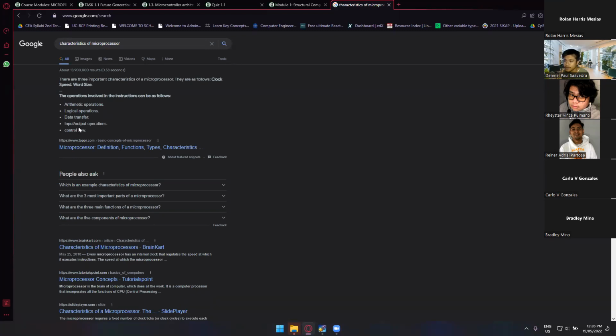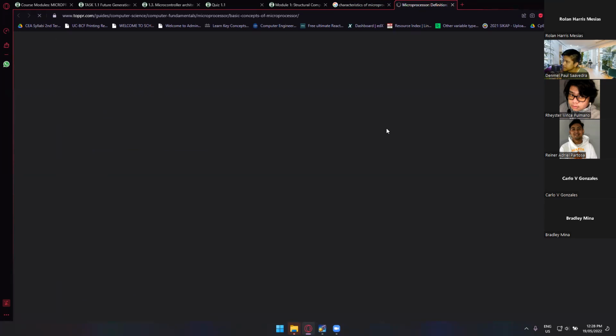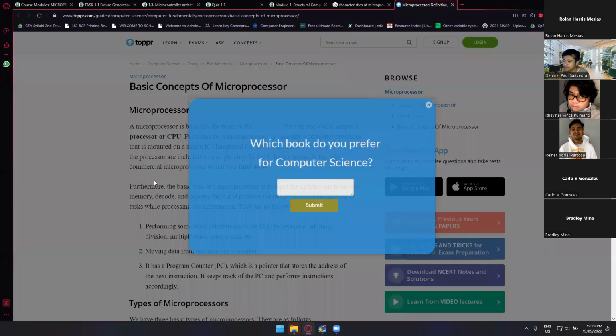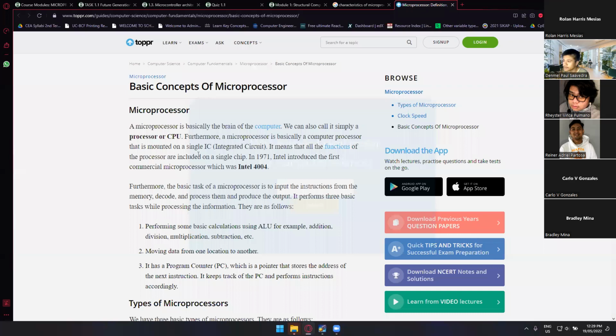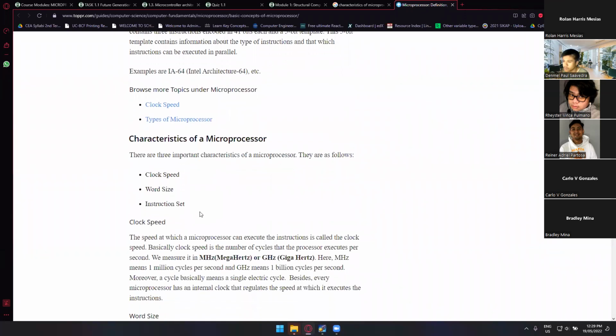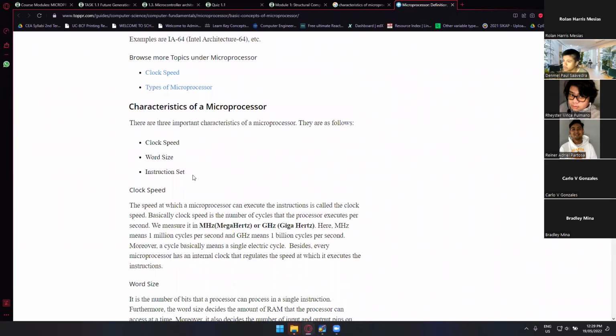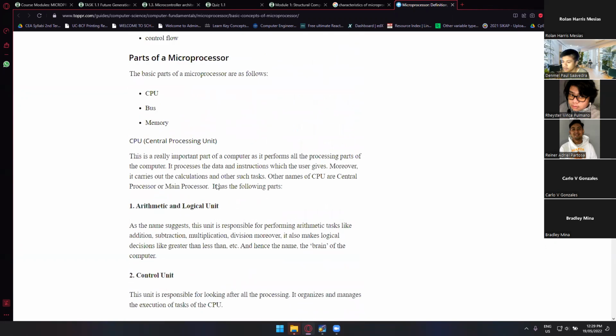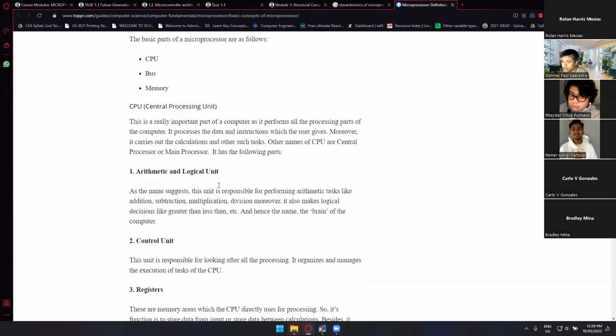Only 5. These are the three important: the clock speed, the word size, and then instruction set. And that's already it.